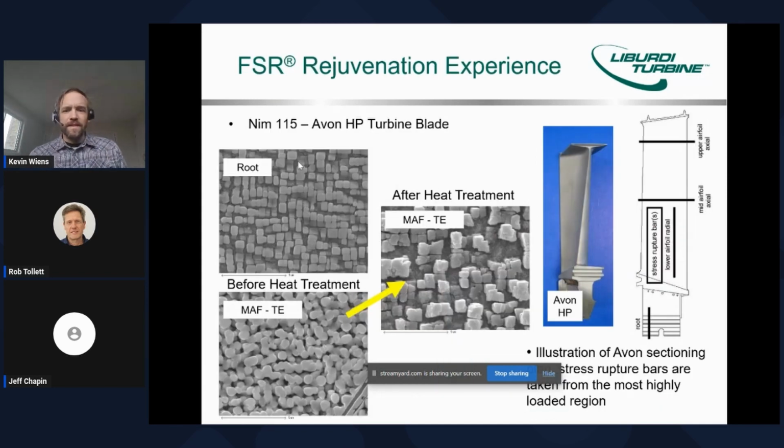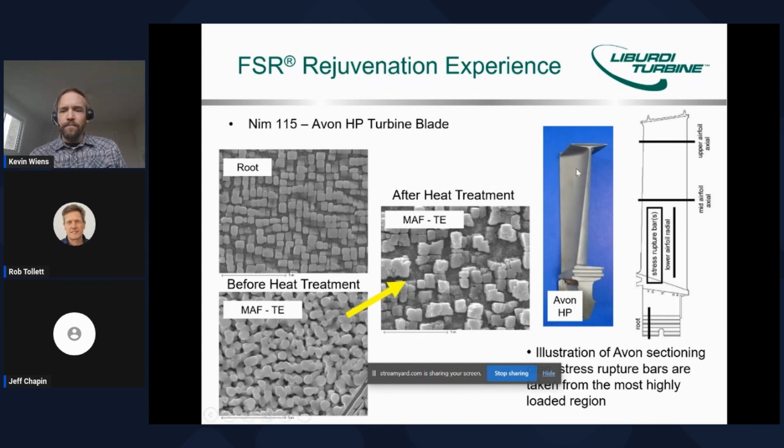It shows a specific example of a turbine component and its effects from service and rejuvenation. So this shows some overaging of the precipitates, some successful reformation of those precipitates after the heat treatments.